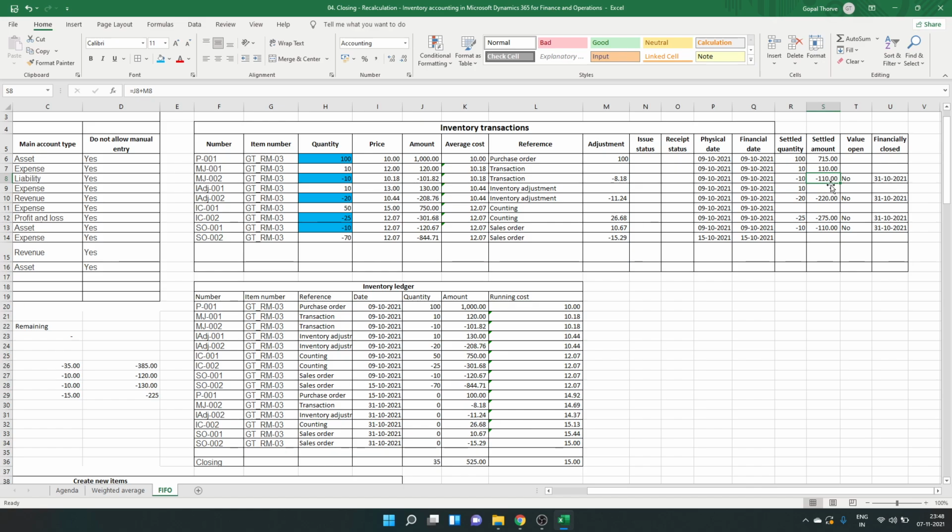Now this is settled. This should be the sum of everything. No, this should be the sum of amount plus adjustment. Okay, this is also settled.